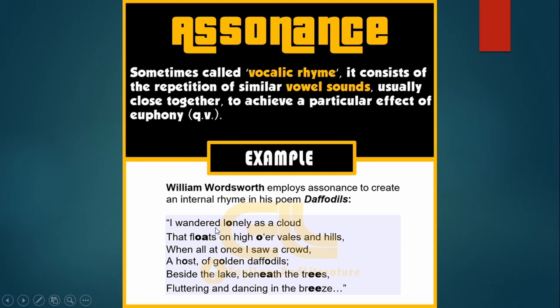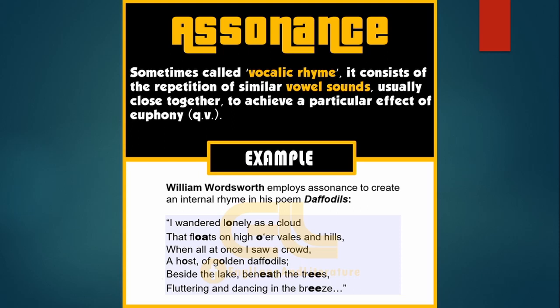So there is a repetition of vowel sounds, the same vowel sounds, but different in different lines. Like here in the beginning lines, we have the repetition of the O sound. But as we go down, we also see the repetition of the E sound: beside the lake, beneath the trees, fluttering and dancing in the breeze. So hope you got the point.